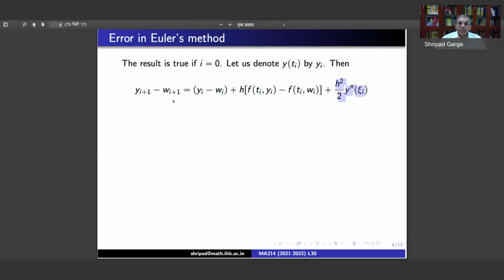And we are subtracting w_{i+1}. So we get w_i with a negative sign, and we get f(t_i, w_i) multiplied by h with a negative sign. So this is the equality.